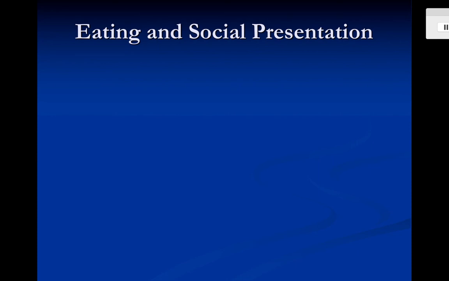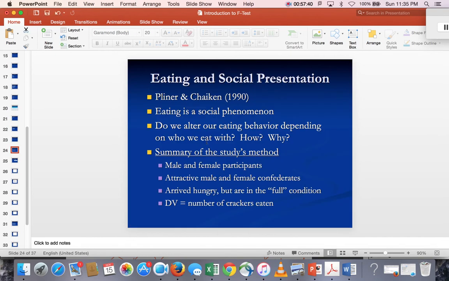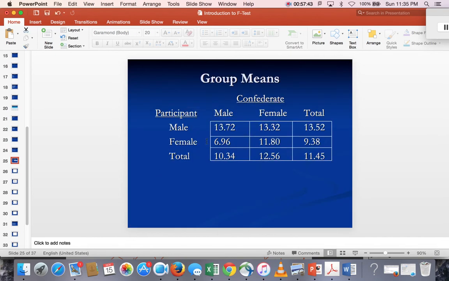Now, essentially what I've done in these slides is give you the data, and what I would like for you to do is practice on this data, identifying which numbers you would use for main effects, for confederate, and for participant.